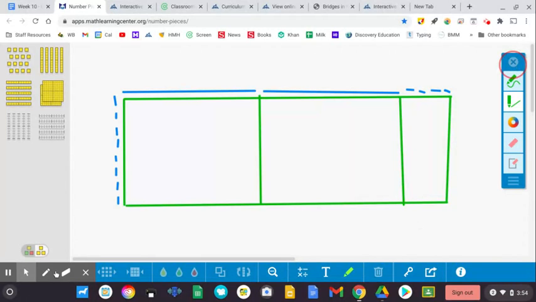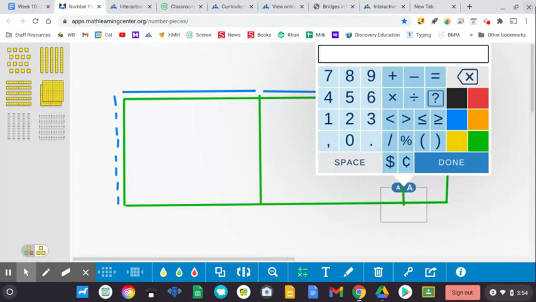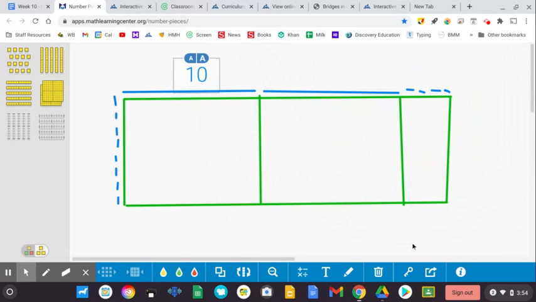So let's get our number pieces out, our number equations. So we have a 10. So put that 10 here. And we have another one.